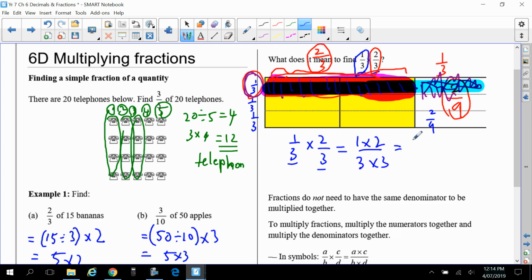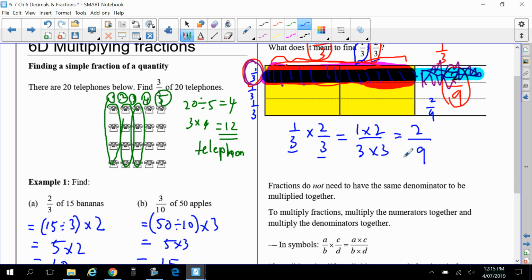It's much easier than adding fractions. When you multiply, it's much quicker: numerator times numerator, denominator times denominator. Let me see. 1/3 times that. Does that make sense?